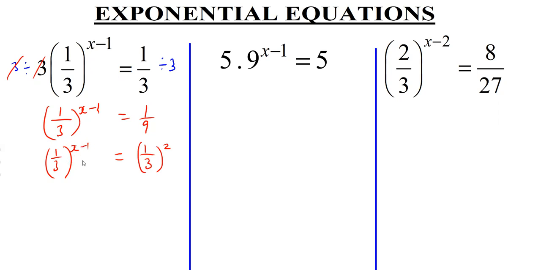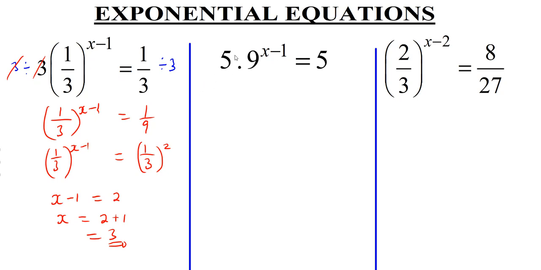And here, 1 over 3, 1 over 3. So what do we have now? x minus 1 is equal to 2. Then x will be equal to 2 plus 1, which is 3. Okay. So here you are just simplifying it as it is.